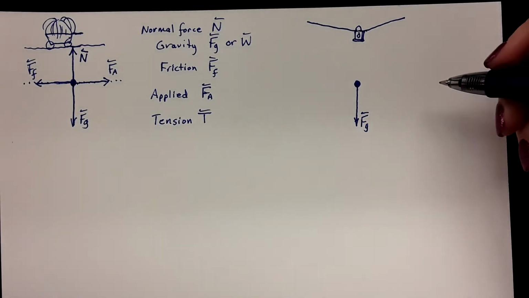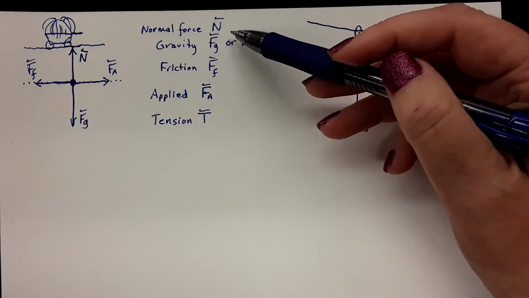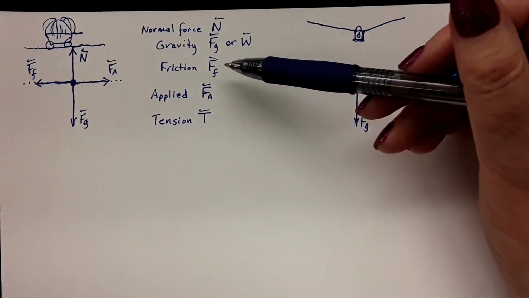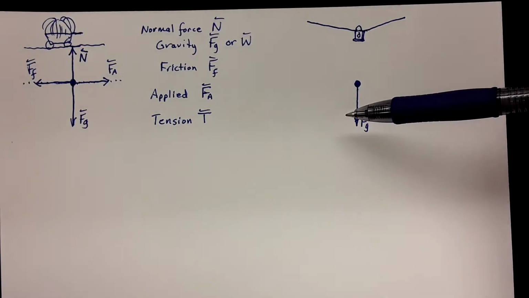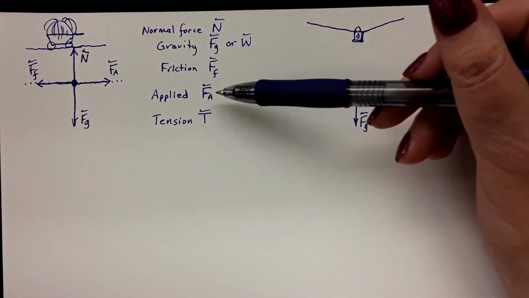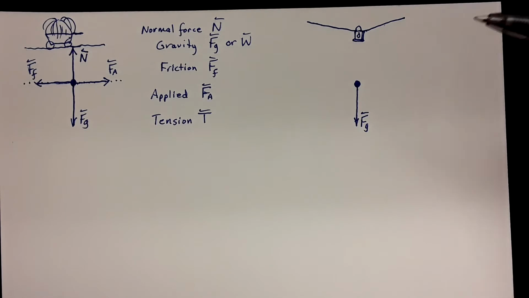Now, what else? Well, there's no surface touching the lantern, so there's no normal force. You don't have surfaces moving against each other, so there's no friction. And no animal, person, or animate object is pulling or pushing on the lantern. It's just hanging there.